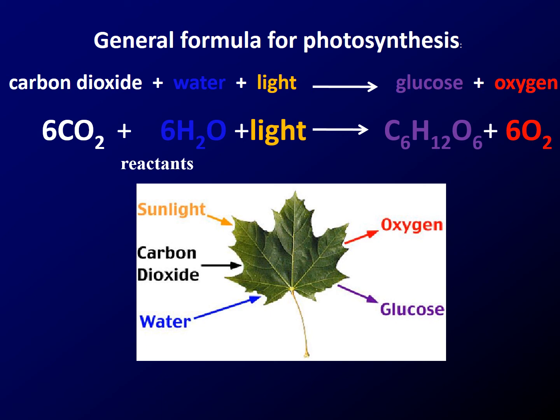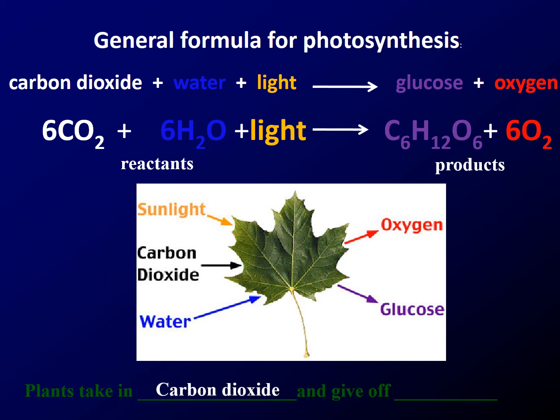They release oxygen in the form of sugar and the oxygen gas. So, plants take in carbon dioxide and water as the reactants, and they give off sugar and oxygen as the product.